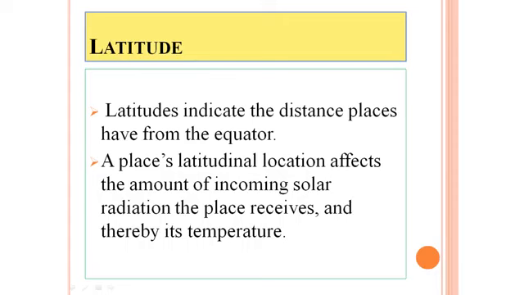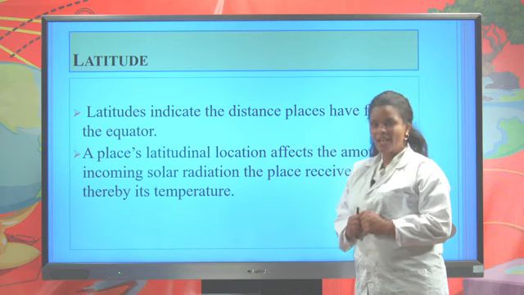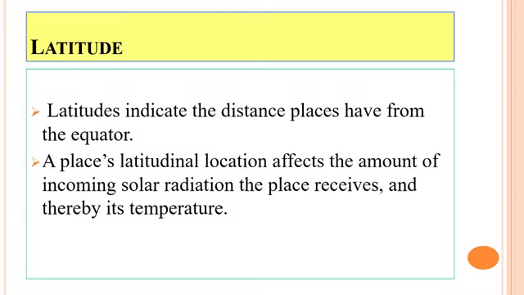How do latitudes affect the climate of Africa? Before that, depending on the previous lesson, latitudes are imaginary lines drawn from west to east but measure the distance from north to south. How does latitude affect the climatic condition of Africa? As we have seen, latitude indicates the distance a place has from the equator.